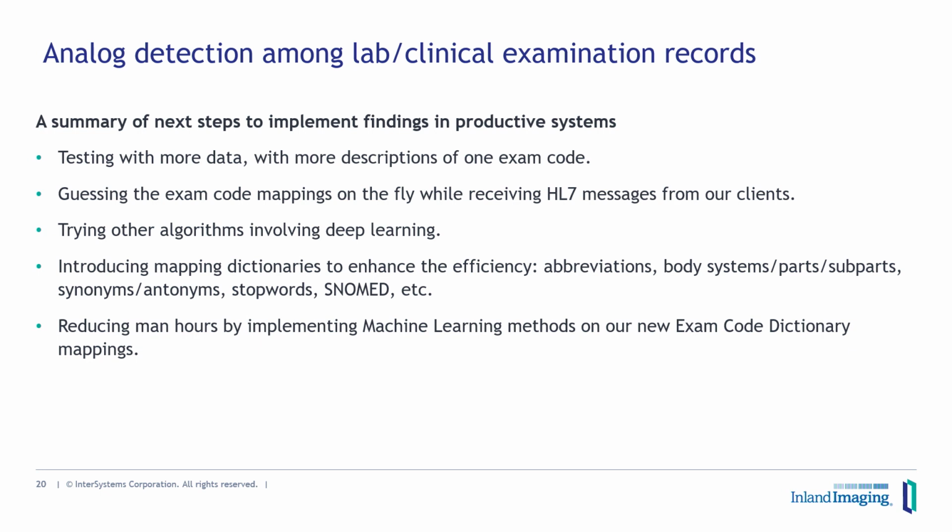And then ultimately we want to reduce man hours by implementing machine learning methods and new exam code mapping dictionaries. And really in the future we see it working for other codes that we need to map. So this is just one instance of that.